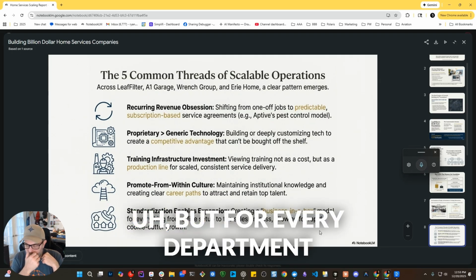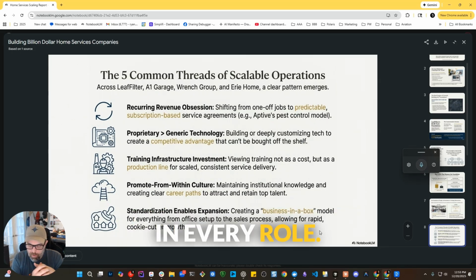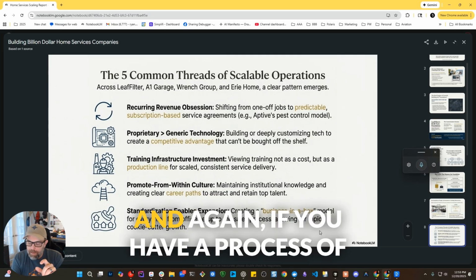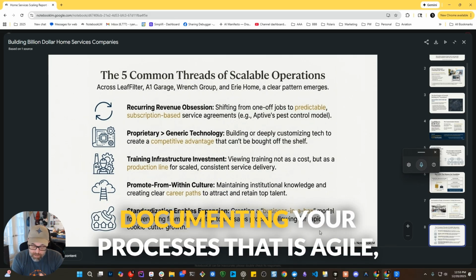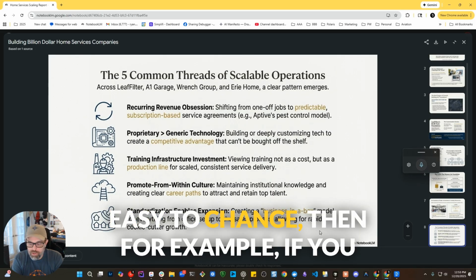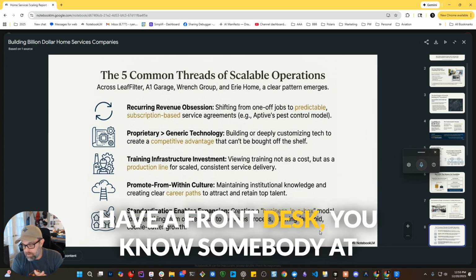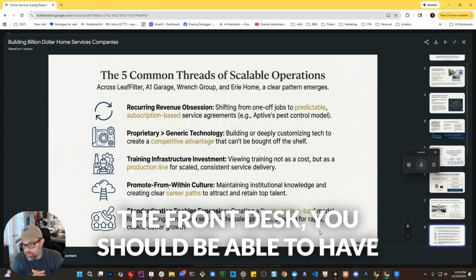For every department and every role, if you have a process of documenting your processes that is agile, easy to change, then, for example, if you have somebody at the front desk, you should be able to have 2 or 3 people.